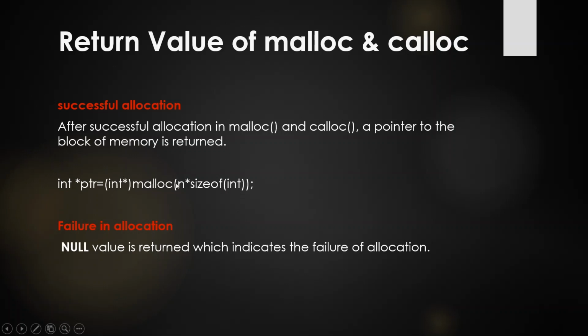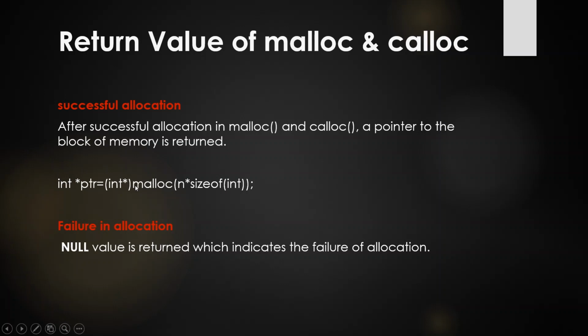See here, I am taking malloc as an example. Consider it a successful dynamic memory allocation. Consider n as 4 into sizeof int. 16 bytes of memory were allocated in the heap. It means there was no issue in the heap. It was allocated perfectly without any failure. If the memory allocation happened properly, then malloc will return a void pointer.